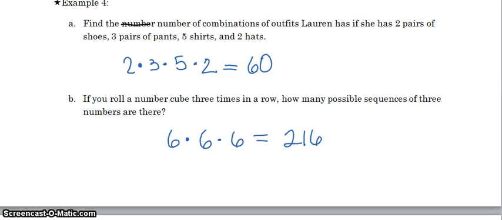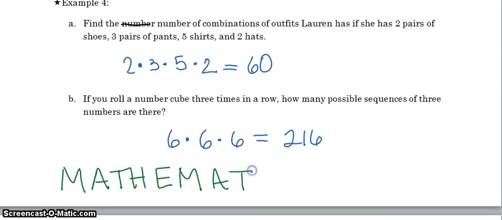So I'd like to leave you with sort of a problem of the day. And I'm going to write the word mathematics. Wait, I need an I, mathematics. There we go. So we have 1, 2, 3, 4, 5, 6, 7, 8, 9, 10, 11 letters in mathematics.